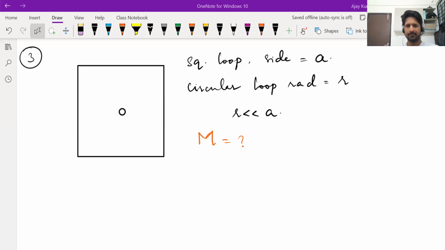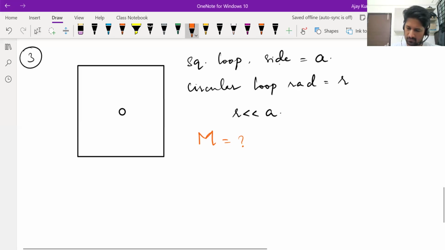Why? Okay. Isha, in which loop shall we assume the current? Square. How does it make it easy to solve?